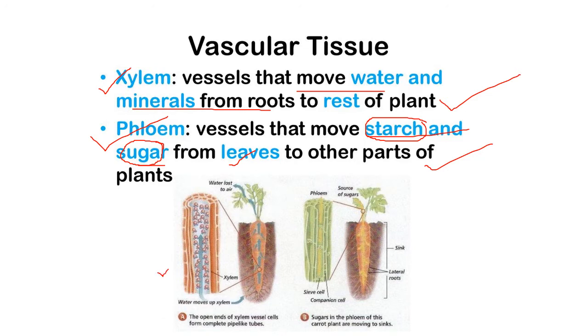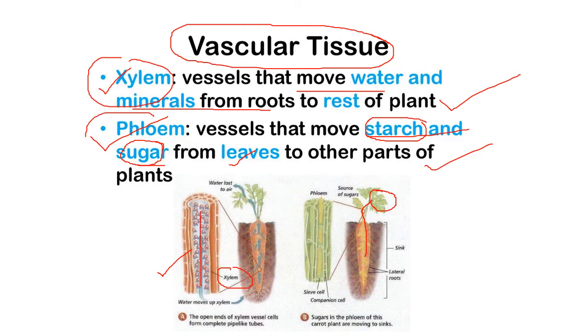So this is the diagram for the xylem in which the water and minerals are moving up. And here from the leaves, the prepared food is transported to the other parts of the plant. So these are the functions of the vascular tissue, in which we studied about the xylem and phloem.